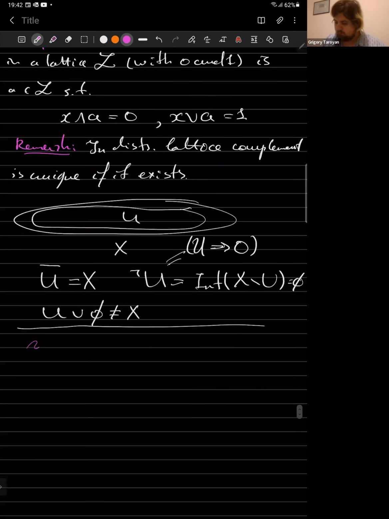Okay. So let me briefly mention an important theorem due to Stone.